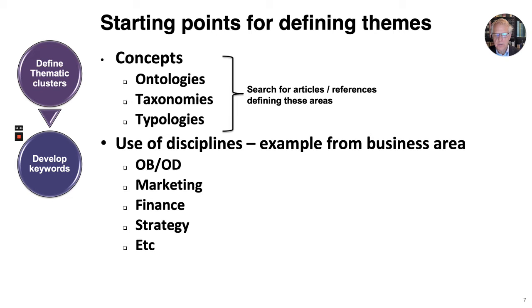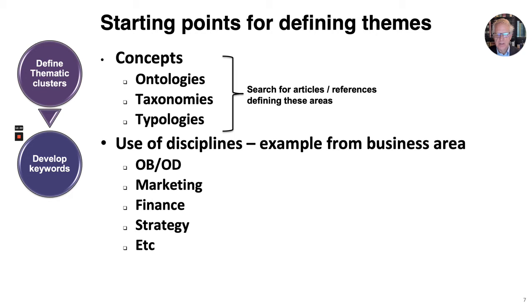As an example, I work quite often in social construction, constructivism theory of education, and similar types of topics. A favorite word in that area is ontology. So often I will find articles that talk about the ontology of social construction concepts. This helps me find articles and references that define what may be a keyword that I want to search on in a systematic review.